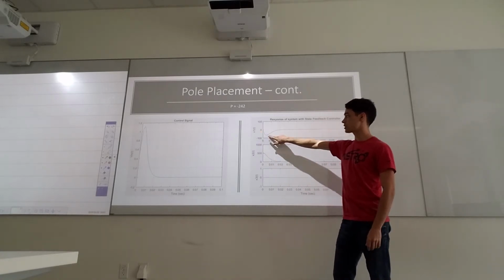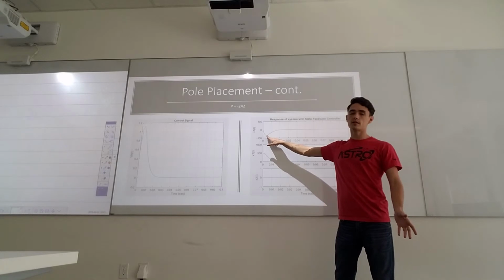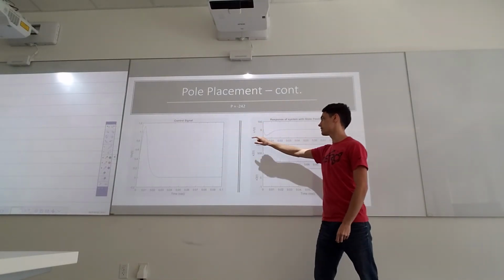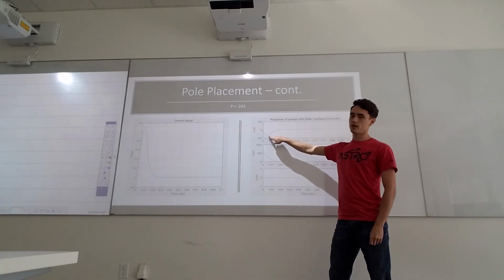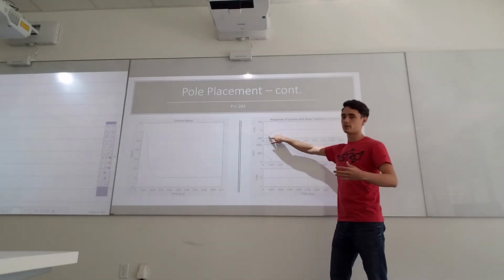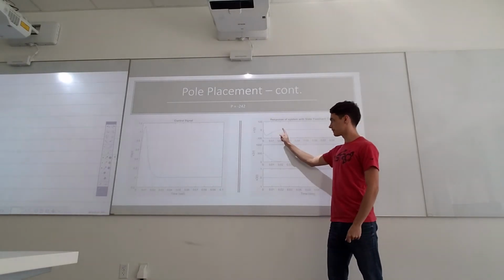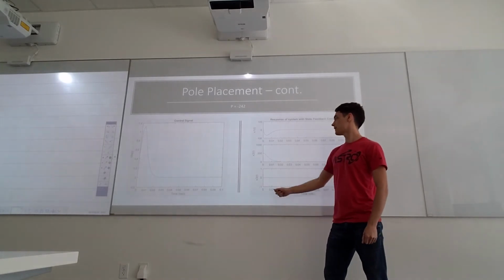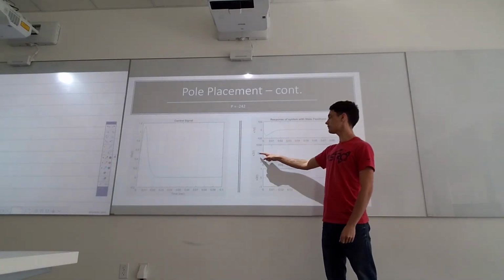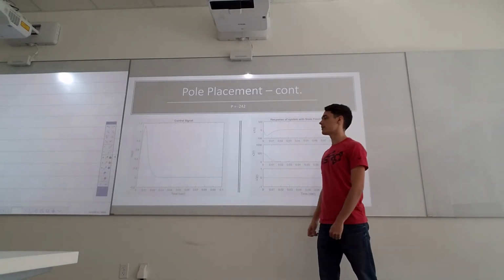But the current draw through the motor is actually smaller here than the completely uncompensated system. So our controller is in effect saving life on the motor in a way, due to it drawing less current to get the same job done. Actually, at the same speed, a little bit faster. And there is no overshoot in either case. And as far as the wheel goes, we have just a little bit faster response time than the original.